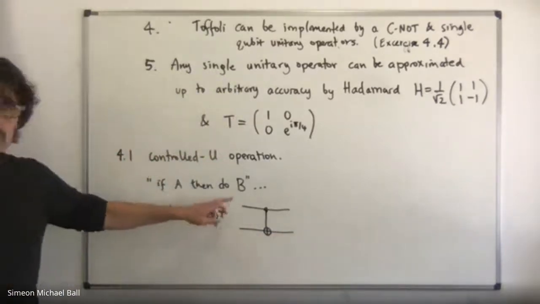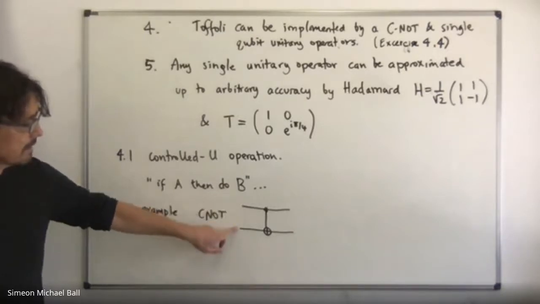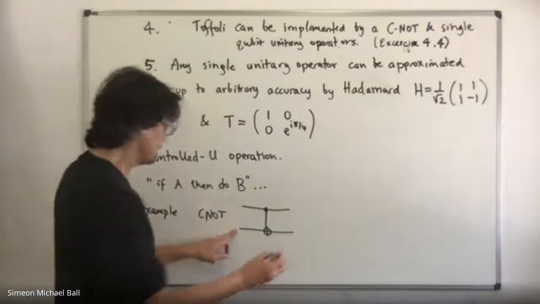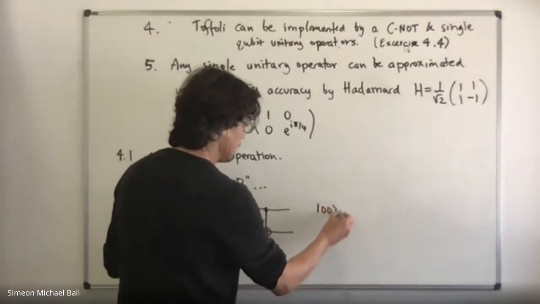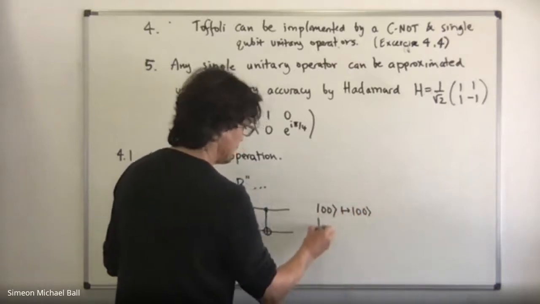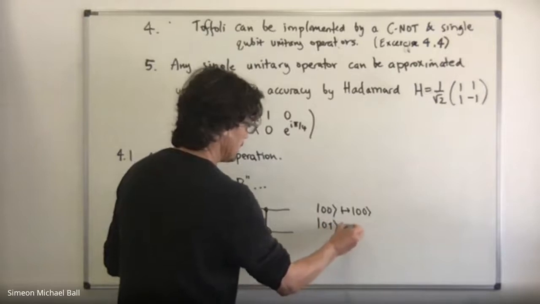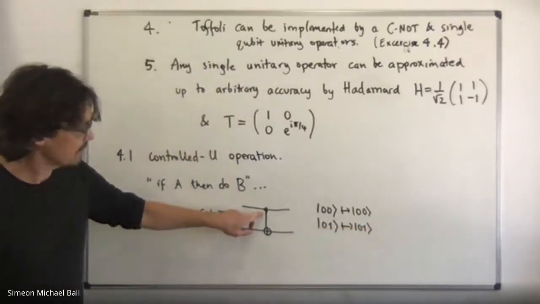So recall that this upper wire corresponds to the first qubit, the lower wire to the second qubit. So this would be take 0,0 to 0,0, 0,1 to 0,1. So if this is not set, don't do anything.